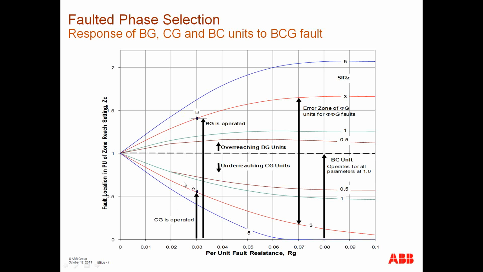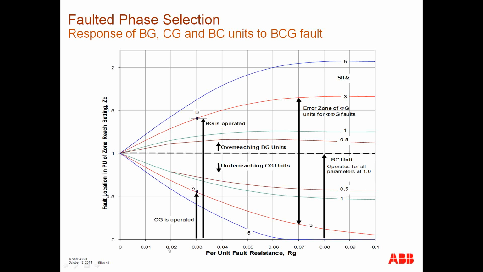And for the underreaching element, I have the green line, red line, and blue line. Again, a function of the source impedance ratio. So I refer to this as a two-phase to ground bullet. You have the overreaching characteristic and the underreaching characteristic.